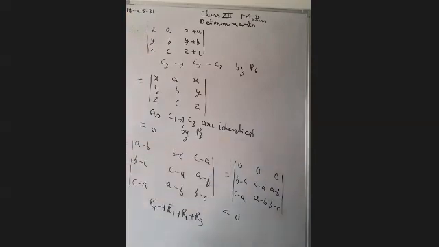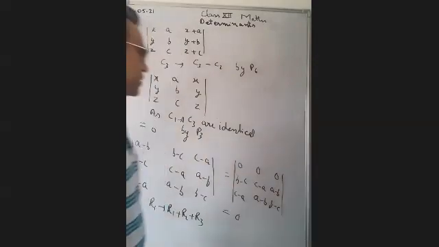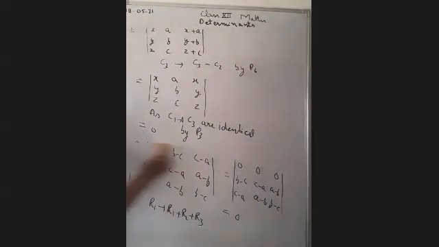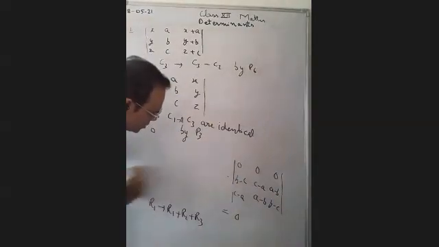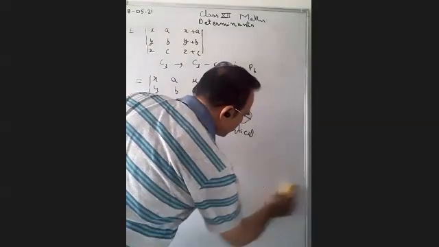You can remember it, either way if you expand it, the value of the determinant after multiplying with 0 becomes 0. So this question, the second one, I have completed, which was very simple. Now we just take the next one. Third question. So you have to remember all these properties.